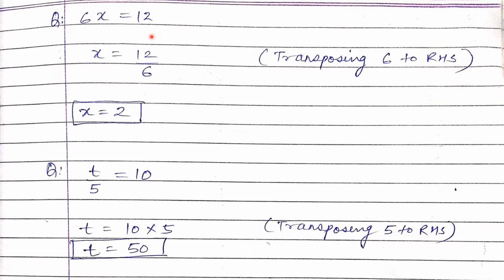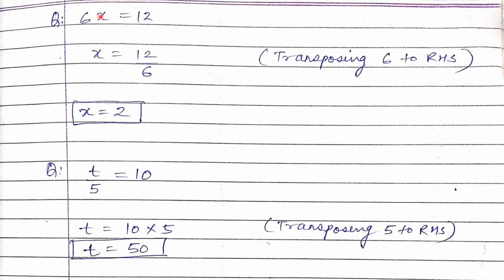Suppose this question: 6x is equal to 12. In this question I want to find the value of variable x. If you observe, it can be seen as 6 multiplied by x is equal to 12. So to find the value of x, cover the x and see what is extra. You will find only a 6 is extra on the left hand side.